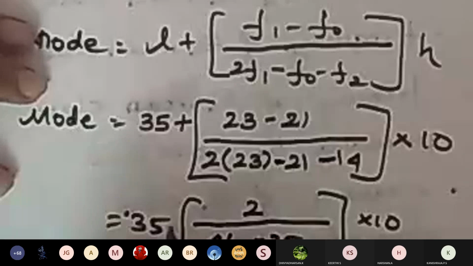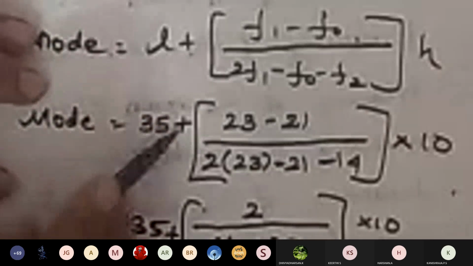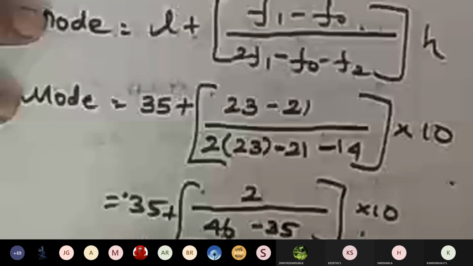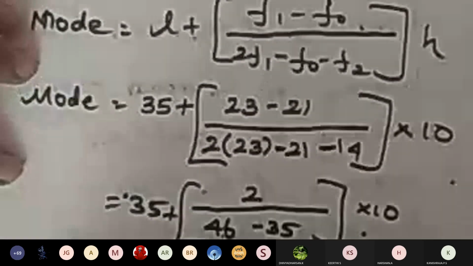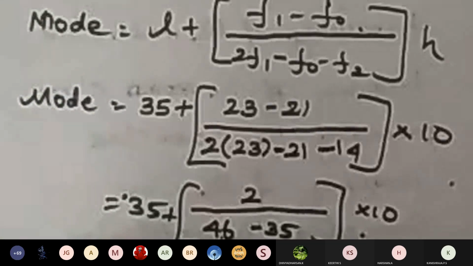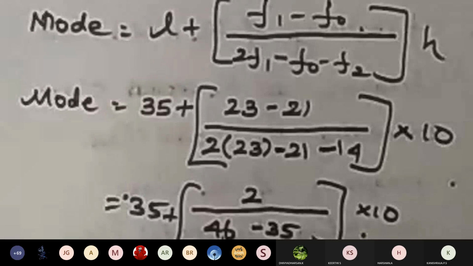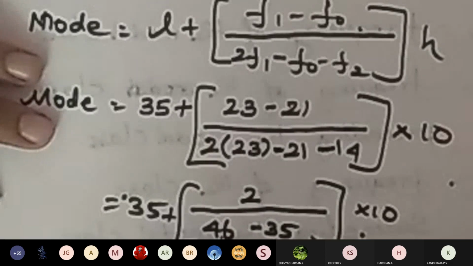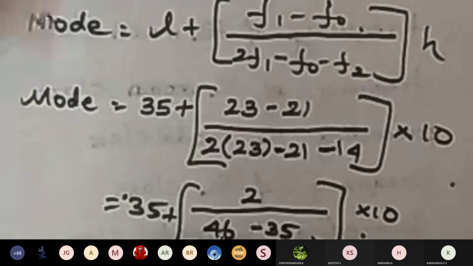So here comes plus: 35 plus 20 by 11. You have to divide it roughly and find two decimals. 20 divided by 11 gives 1.81. 35 plus 1.81 is 36.81.